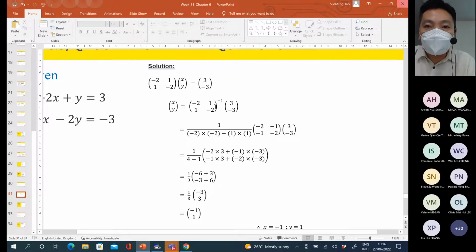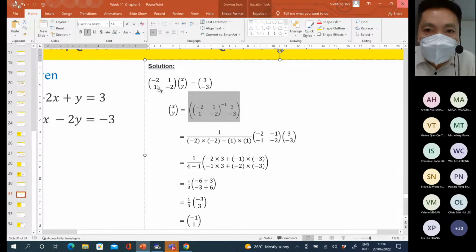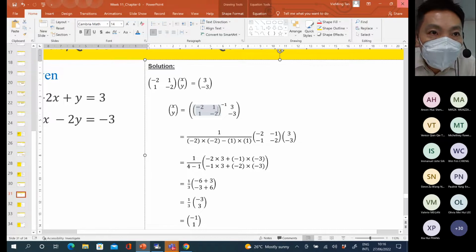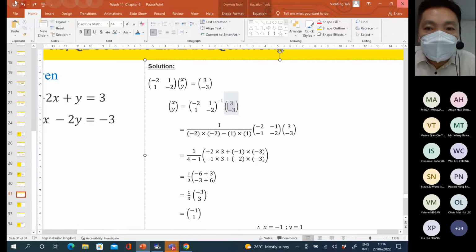Okay, I try to highlight using red color. Okay, this one I use red color.